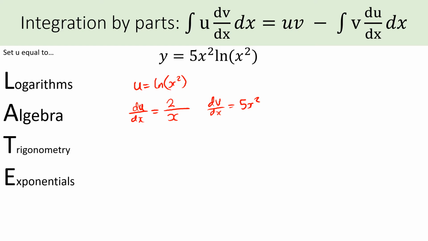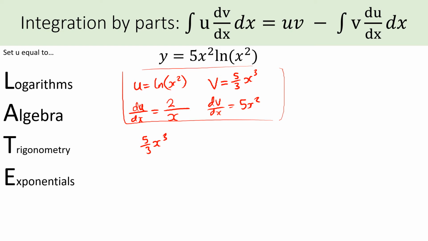And then dv/dx, integrate that. So increase the power, divide by the new power, so we'll have 5/3 x cubed. And once we've got those, plug them into the formula. So uv, which should be 5/3 x cubed ln of x squared, take away the integral of v du, which is 5/3 x cubed times 2 over x. Now that's a bit complicated, so we want to simplify that a little bit.